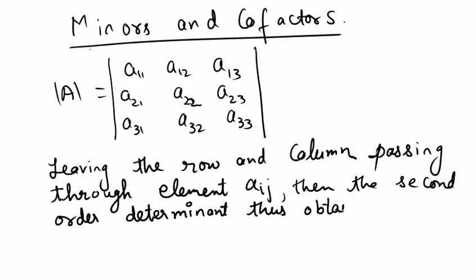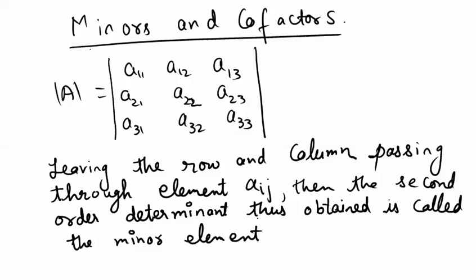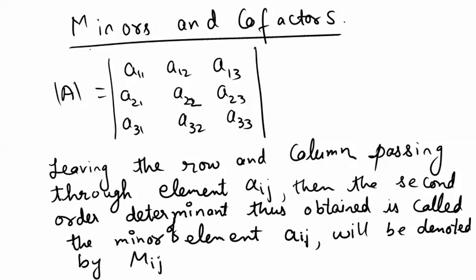It will be second order because you left one row and one column; in the above, it was 3 cross 3.